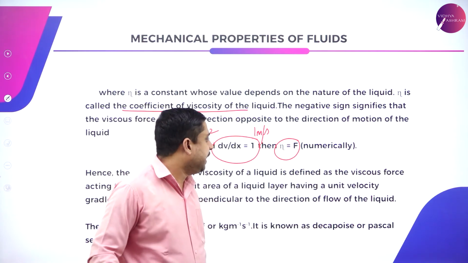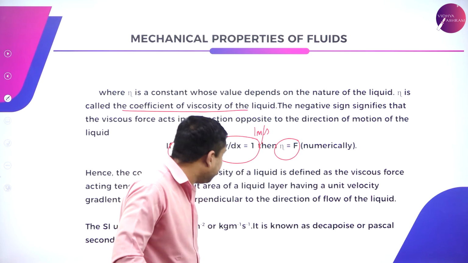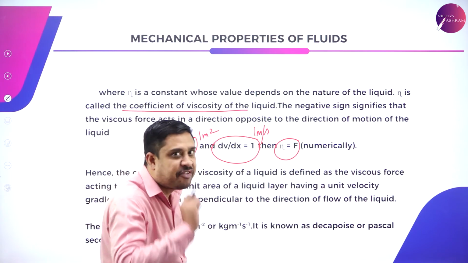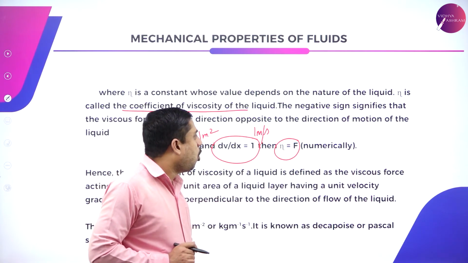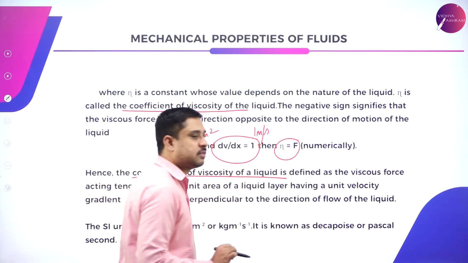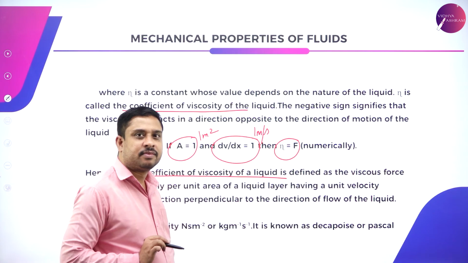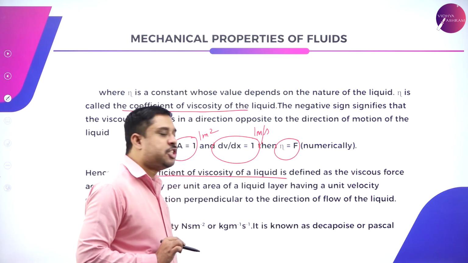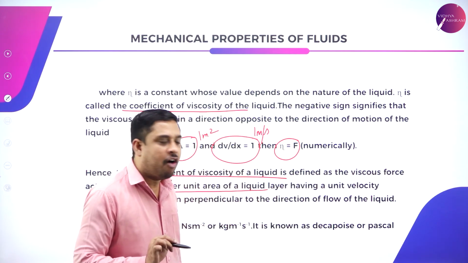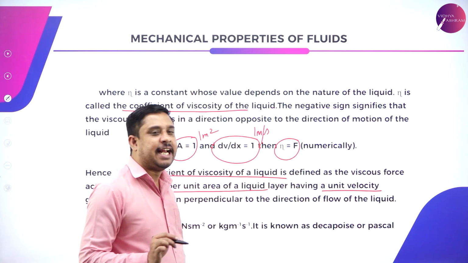If A is 1 meter square and dV by dx is 1 meter per second, eta becomes equal to F, which means coefficient of viscosity, eta, is defined as the viscous force acting tangentially per unit area of a liquid having unit velocity gradient.